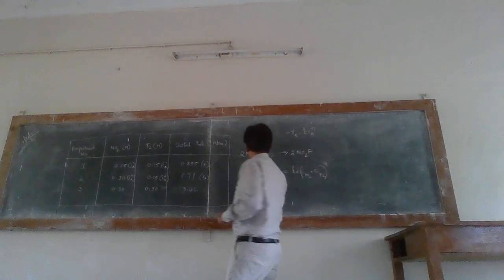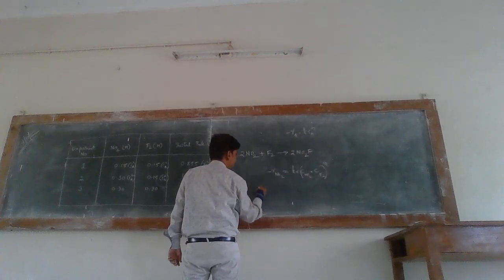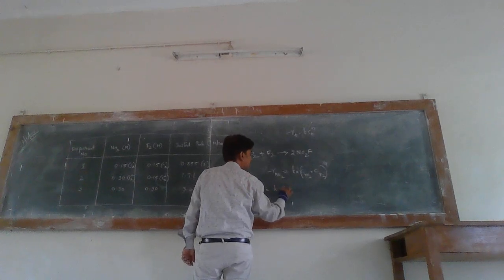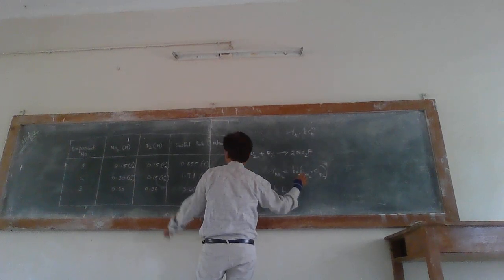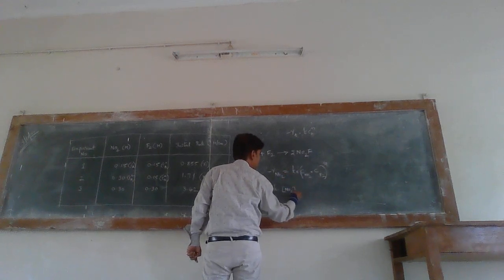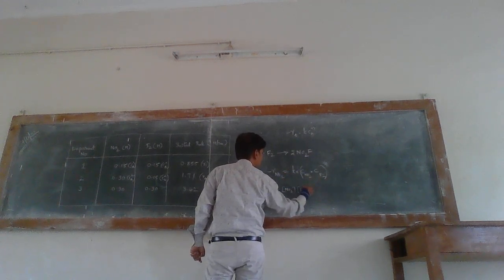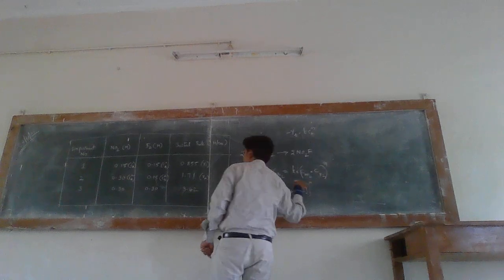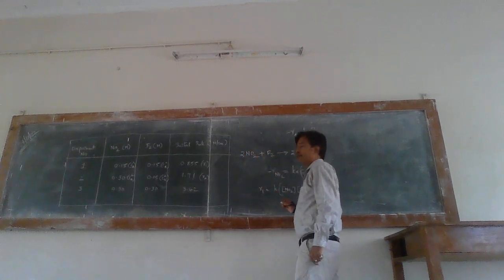So can I write now? R1 is equal to K into the concentrations. Here, the concentration of NO2 and the concentration of F2, power X, because it is power n. This is whole power n. Fine.